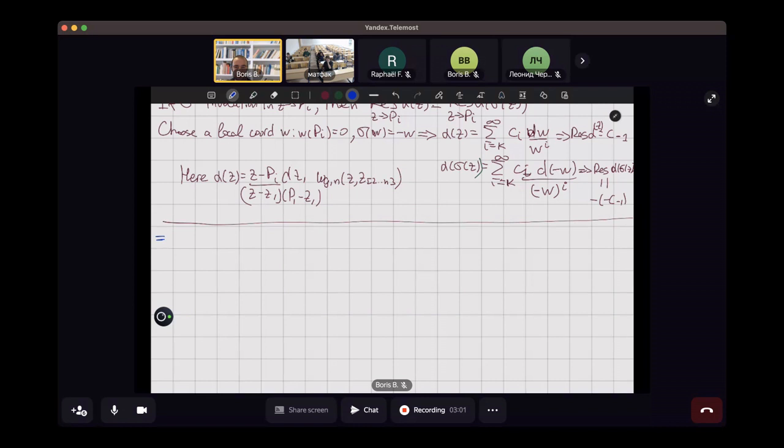Maybe let's use SW and delta W, because S1 and delta 1 it's not clear what this one is.